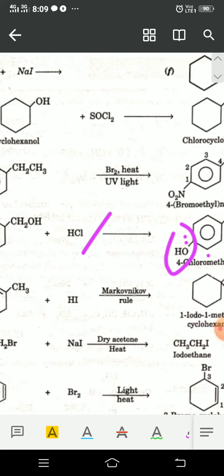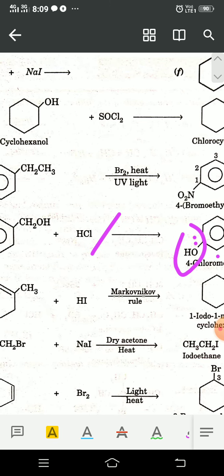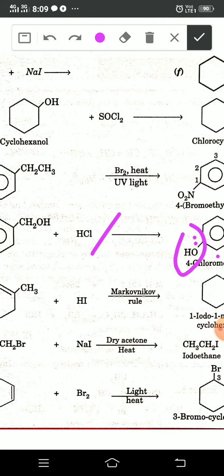So see here. This is the reaction of cyclohexanol with SOCl2, and you know that when the hydroxyl group attached to an sp3 hybridized carbon atom of a hydrocarbon derivative is reacted with SOCl2 or PCl5, then the OH group is replaced by Cl atom.